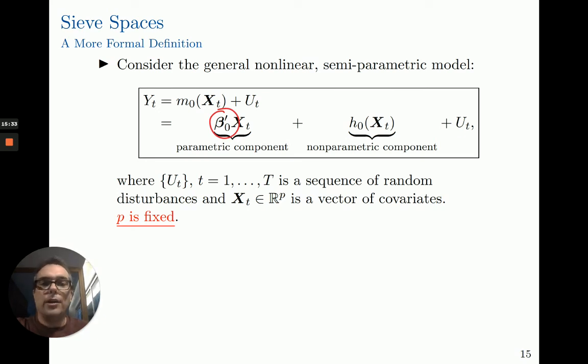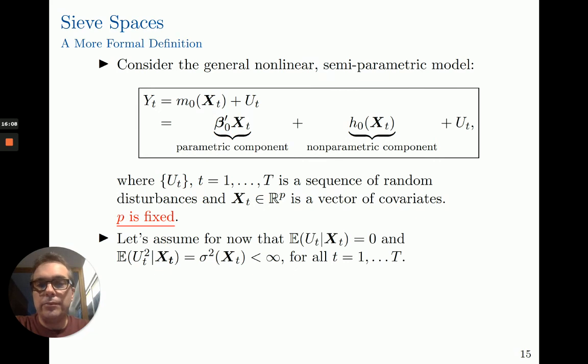The u is the random term. For simplicity, as I mentioned, we are considering p fixed, so this beta naught is finite dimensional. That's for these first results. We are going to see in some of our upcoming lectures that we are going to relax that.